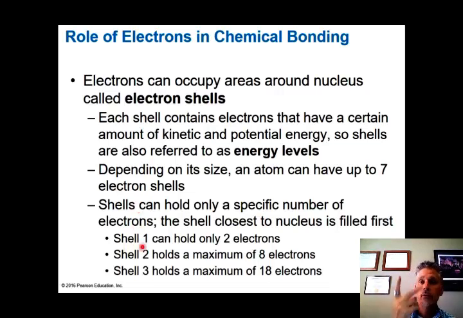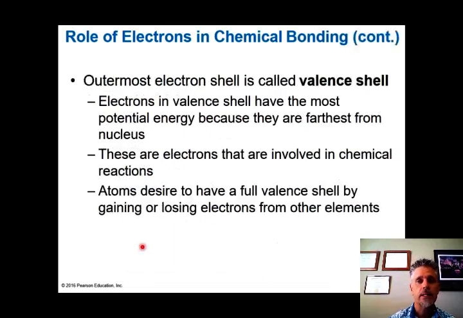Shell 1 only can hold 2, the next one can hold 8, 3 can hold 18, etc. And the outermost, it depends on how many electrons each atom has, right? If you're talking about helium, or carbon, the number of protons it has is going to determine the number of electrons it has. So if it only has 1, it's going to be in that first shell. 2, it's going to be in that first shell. If we have more than 2, now 3, now we get to the second shell, etc.